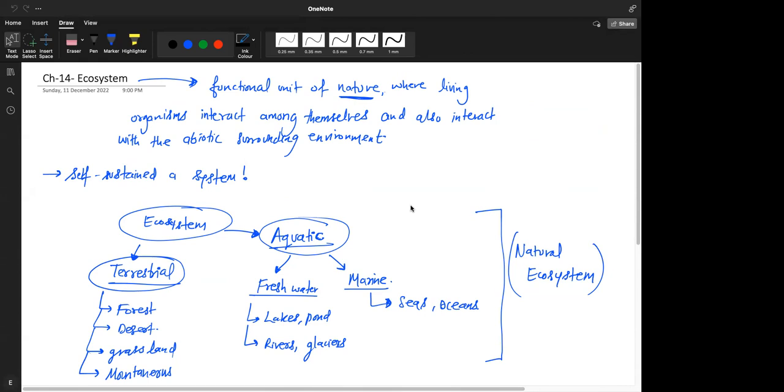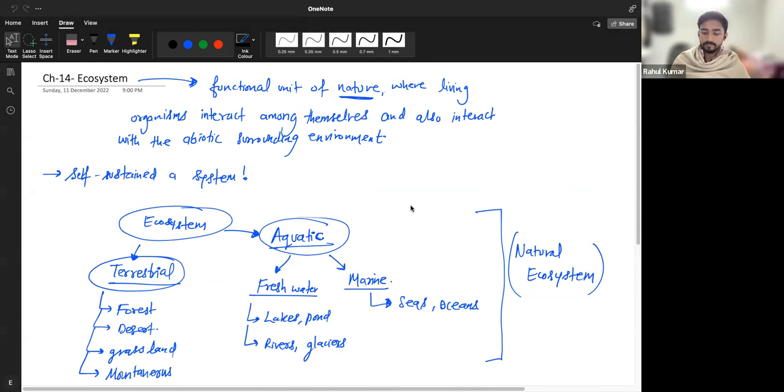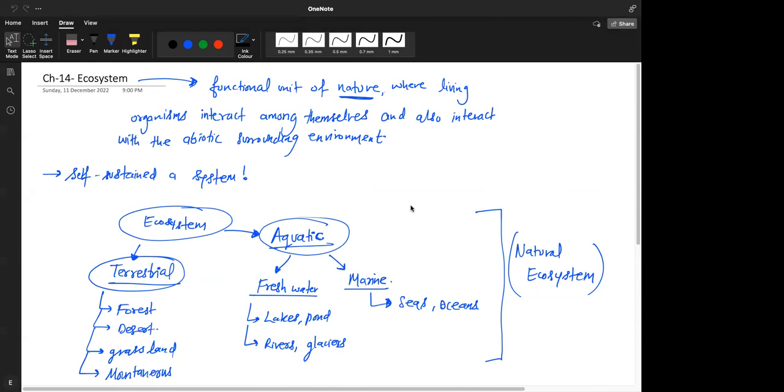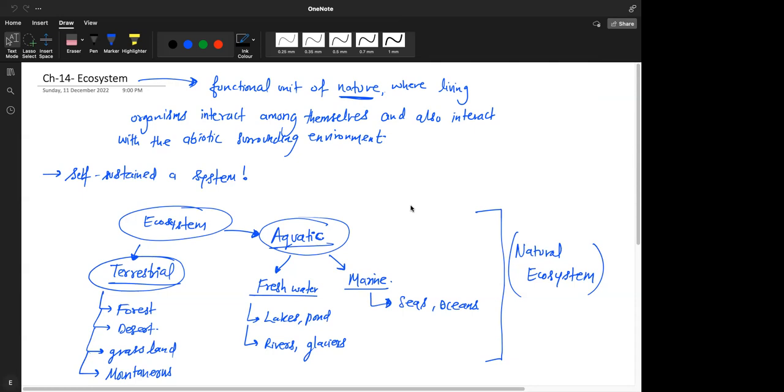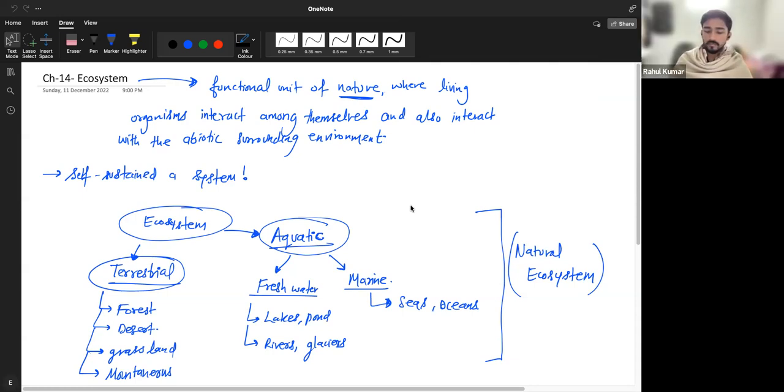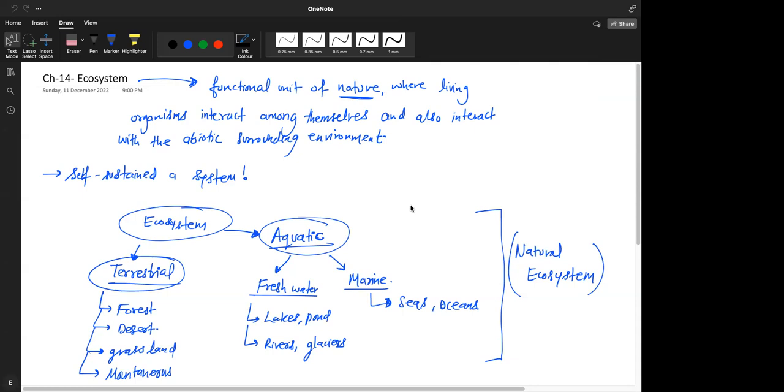It's a self-sustaining system, a functional unit of nature where organisms interact with each other, and there are different types of interactions surrounded with biotic and abiotic components in the environment. Correct. And then there are two types of ecosystems: aquatic, which you can further divide as freshwater and marine ones, and terrestrial, where we have four different types of ecosystems: forests, deserts, grasslands, and mountains. In aquatic we have lakes, rivers, glaciers, seas, oceans, and so on.